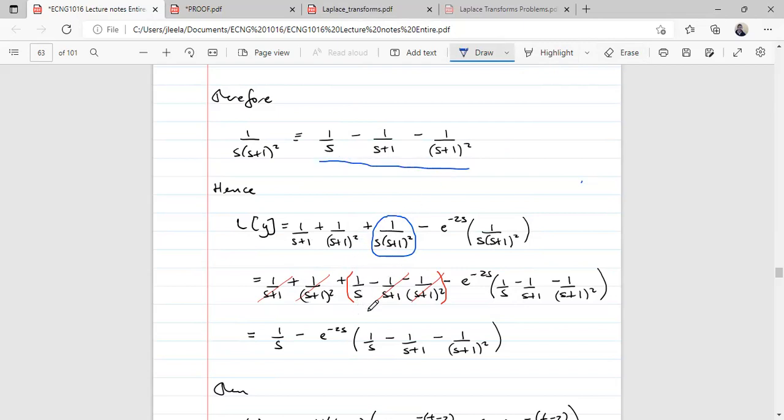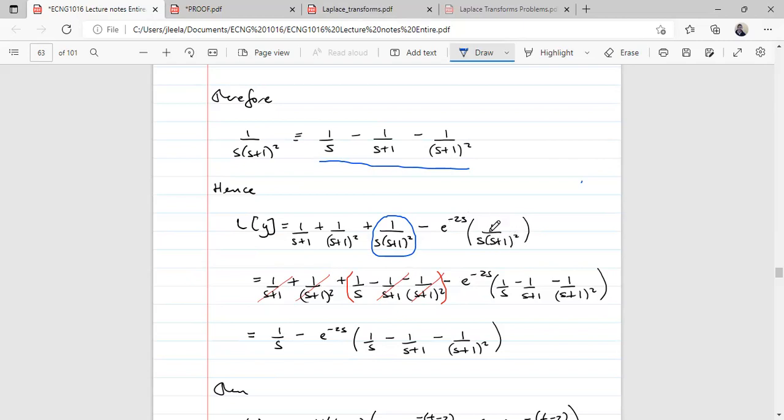So you get 1 over s minus 1 over s plus 1 minus 1 over s plus 1 squared. And you notice something, this 1 over s plus 1 will cancel with this minus 1 over s plus 1. This 1 over s plus 1 squared will cancel with the minus 1 over s plus 1 squared. So you just have the 1 over s, and then this e to the minus 2s into 1 over s into s plus 1 squared.